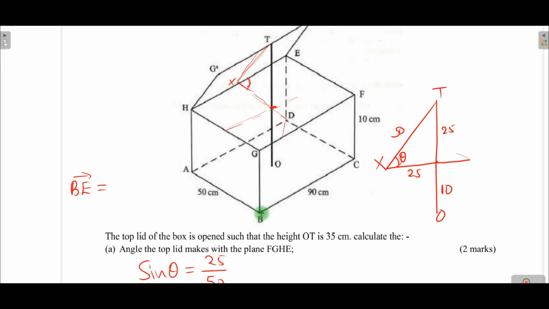We can pass through BC, then CD, then DE. But since we are looking for the length, the length will be the square root of BC squared plus CD squared plus DE squared.